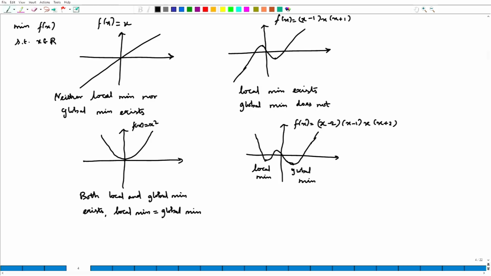These are certain examples to illustrate the differences between the local minimum and the global minimum. In the next lecture we will look at conditions where the local minimum and the global minimum will be one and the same. Thank you.